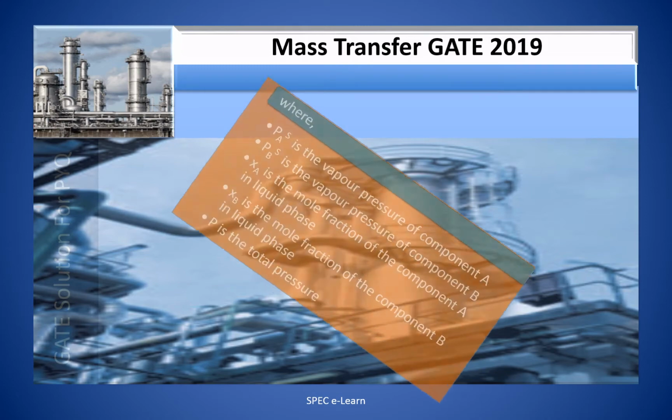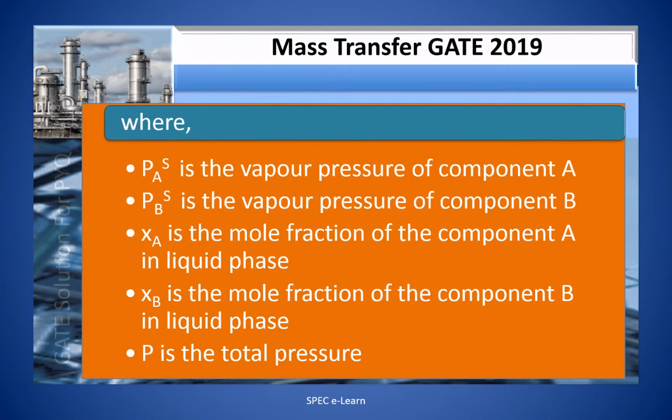Where PSA is the vapor pressure of component A, PSB is the vapor pressure of component B, XA is the mole fraction of component A in the liquid phase, XB is the mole fraction of component B in the liquid phase, P is the total pressure.